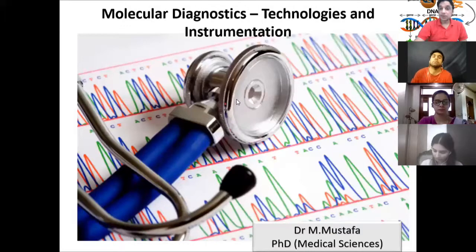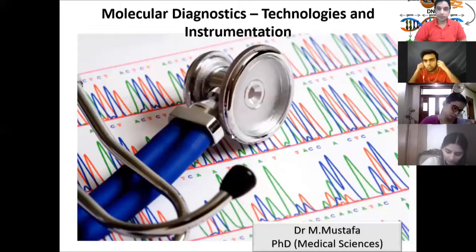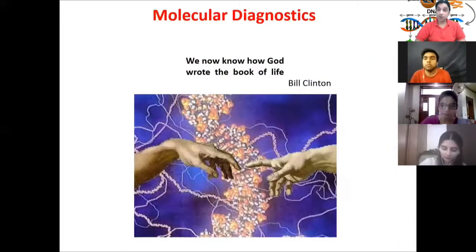And this is yet another interesting area of medical diagnostics. First thing first, we all believe that God has created life. Most of us believe that there is a supernatural power which actually created life. But until very recently, nobody knew how God has written the codes of life.